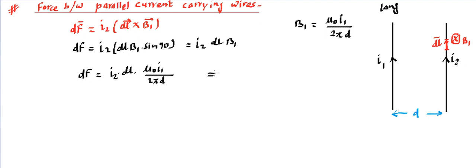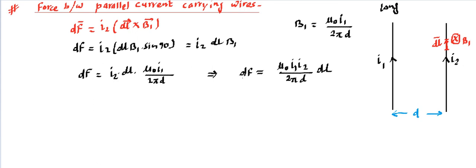So from here we are able to find this force: dF is equal to mu naught I1 I2 divided by twice pi d, times dl.